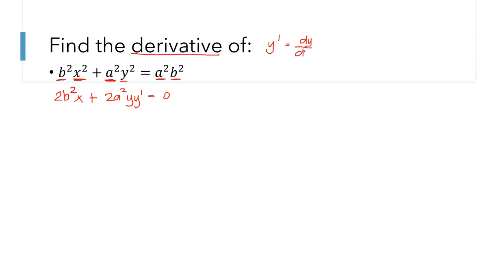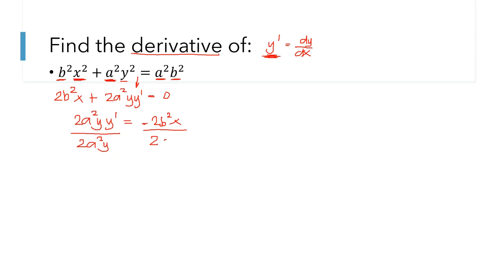So now we are looking for the derivative, and as we know, the derivative is y prime or dy over dx. As you can see from here, in this term we have the y prime, so we need to isolate this. We have 2a squared y times y prime is equivalent to negative 2b squared x, because we'll be moving this term to the other side of our equation. Then to isolate y prime, to find the derivative, we have to divide both sides by 2a squared y.